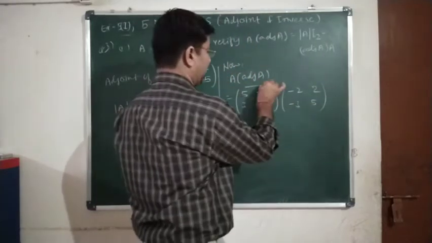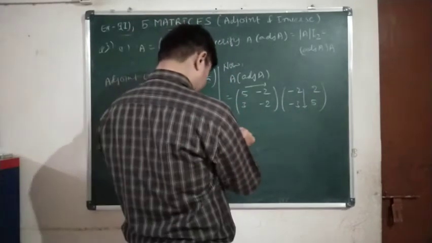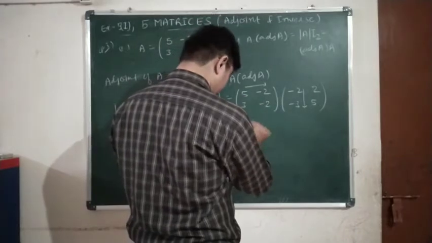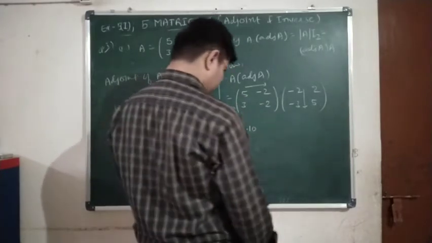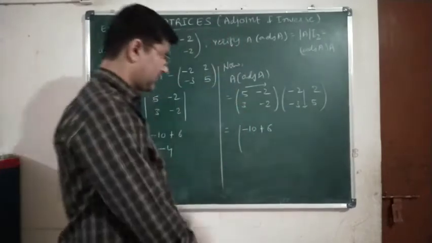Now let us multiply row into column. Okay, so multiplying 5 into minus 2 is minus 10, and plus 3 2s are plus 6.